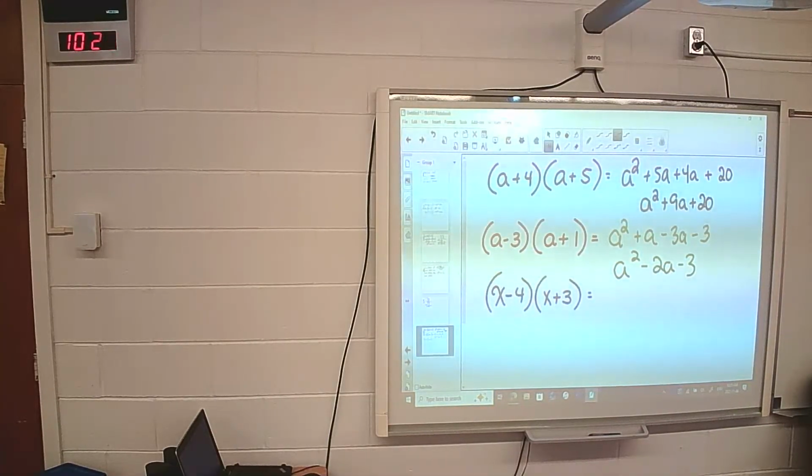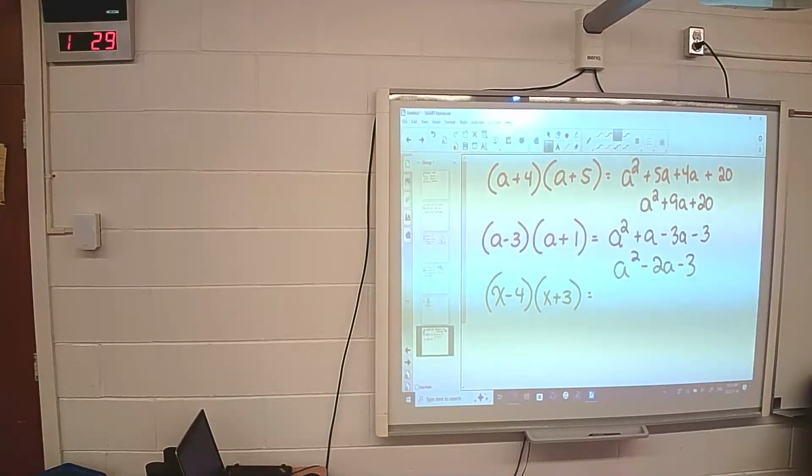What is the middle term going to be? Minus 1x. How do we know that? What's minus 4 add 3? Minus 1. So that will be your middle term.